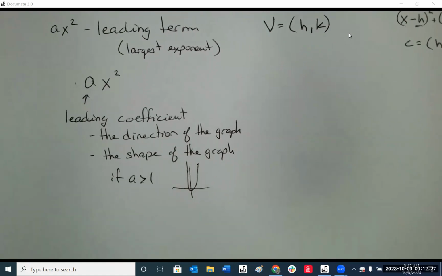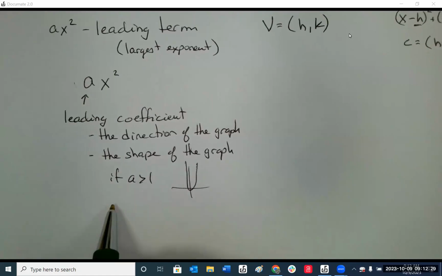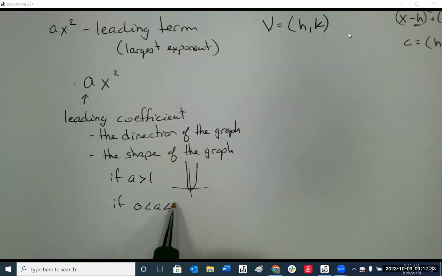It's a vertical stretch. If a is a fraction, then our graph will be squished. It's a vertical compression, a shrink. That's what we did in the last section of the last chapter.